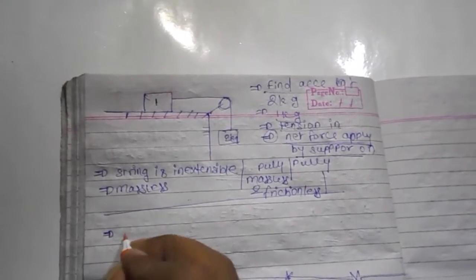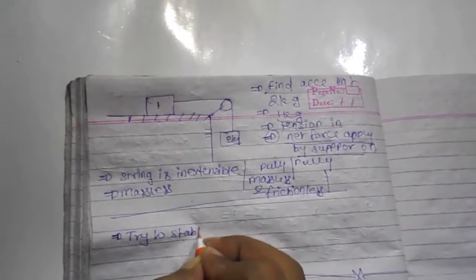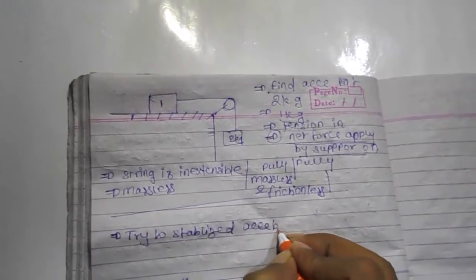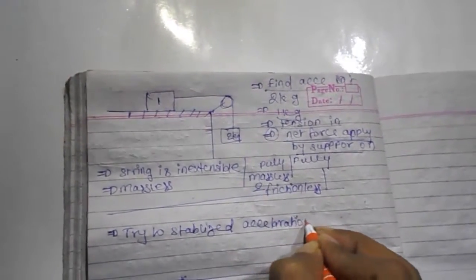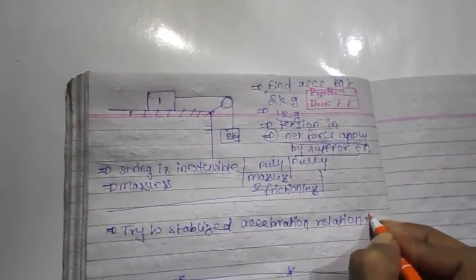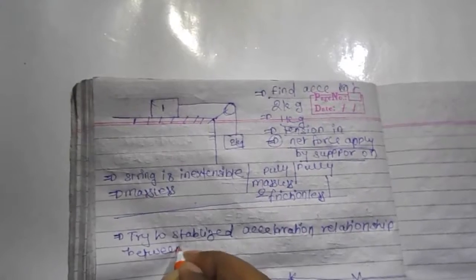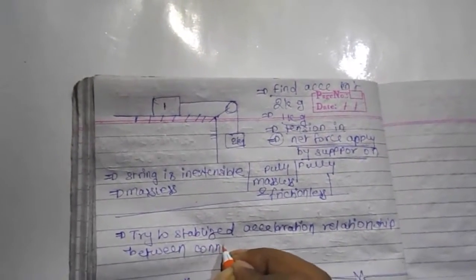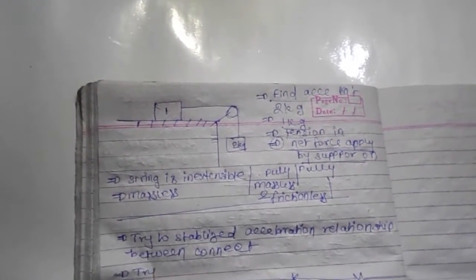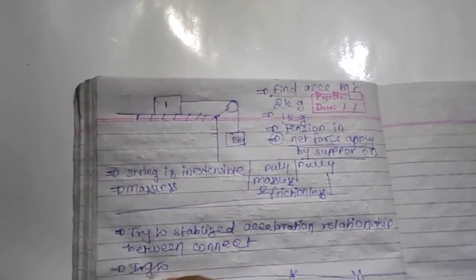The first step is to establish the acceleration relationship between the connected bodies. Second, draw the free body diagram.